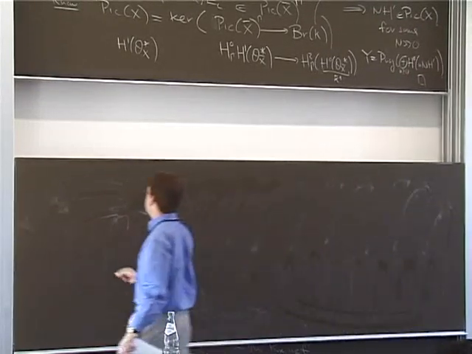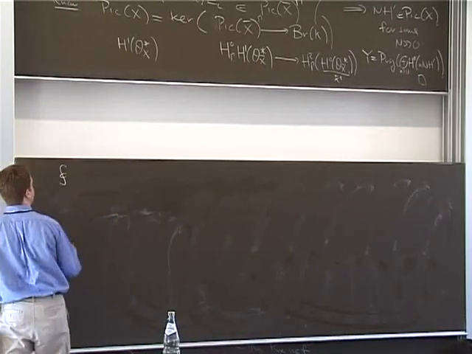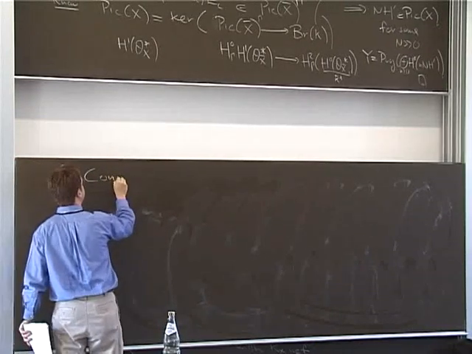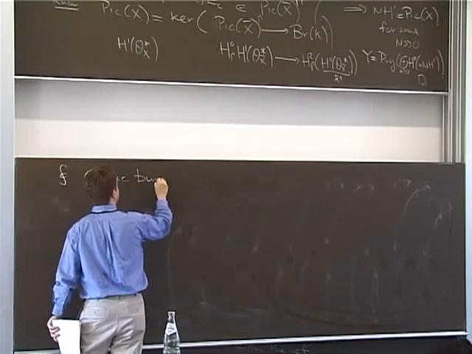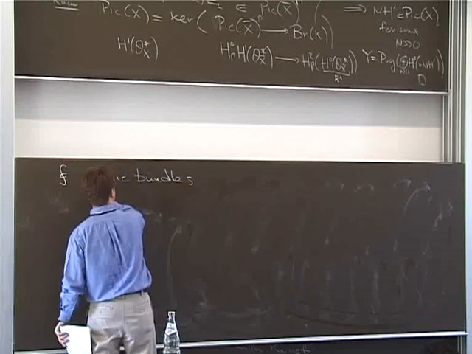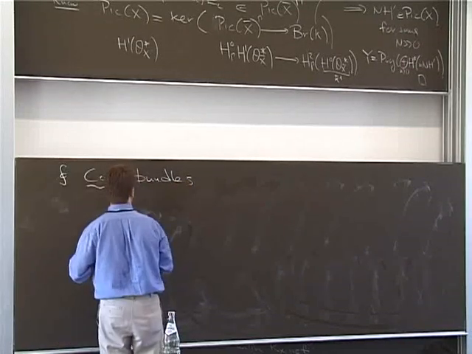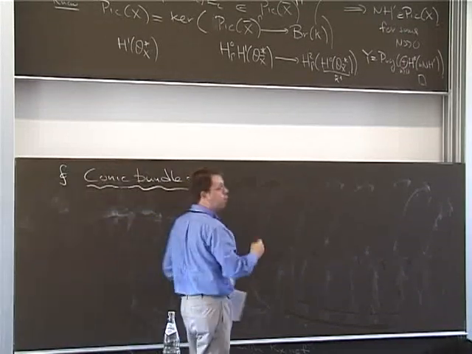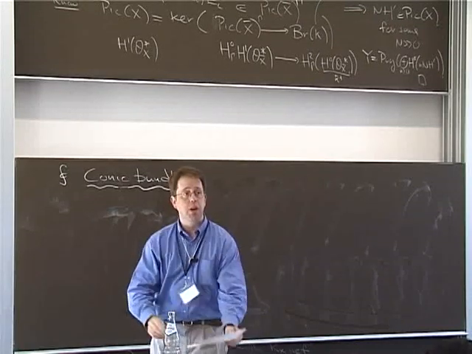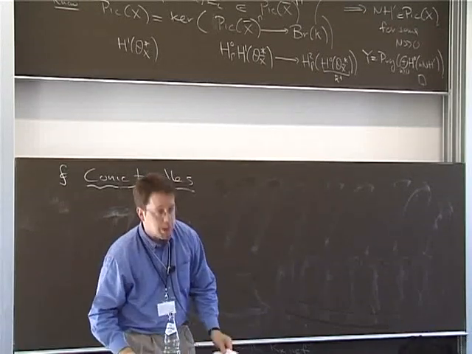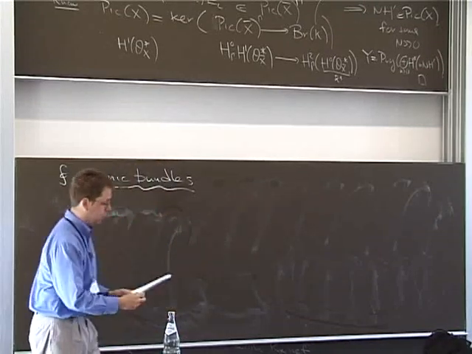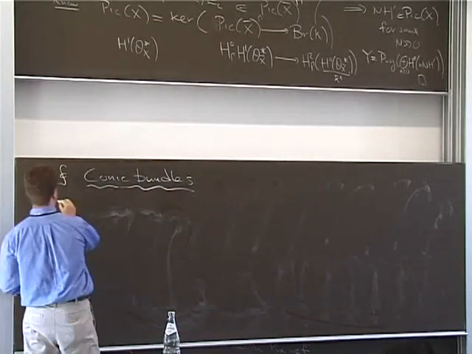To do this, I need to introduce a new class of surfaces called conic bundles. So these are surfaces that we didn't have to worry about in the algebraically closed case, but they play a very important role in the non-closed theory.